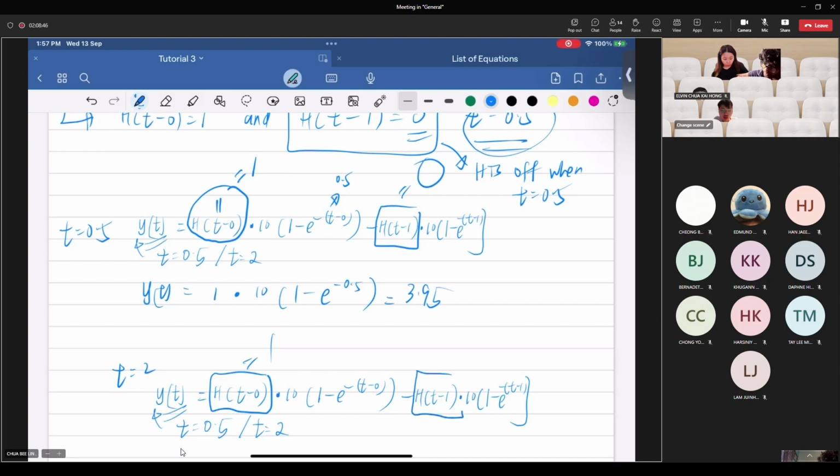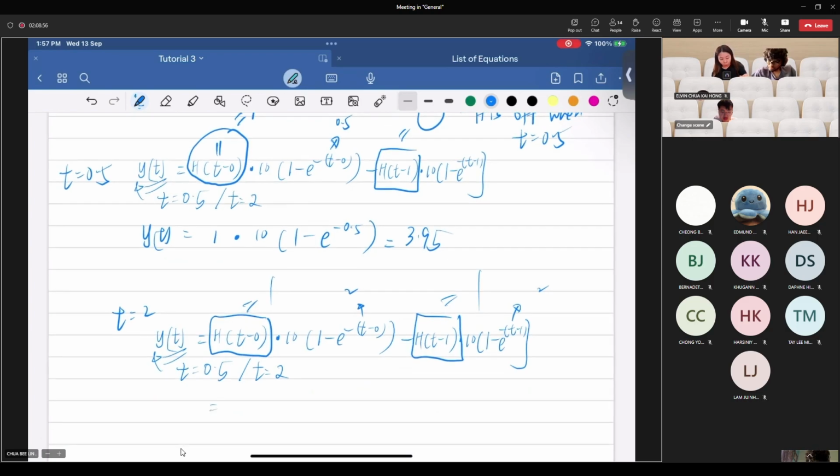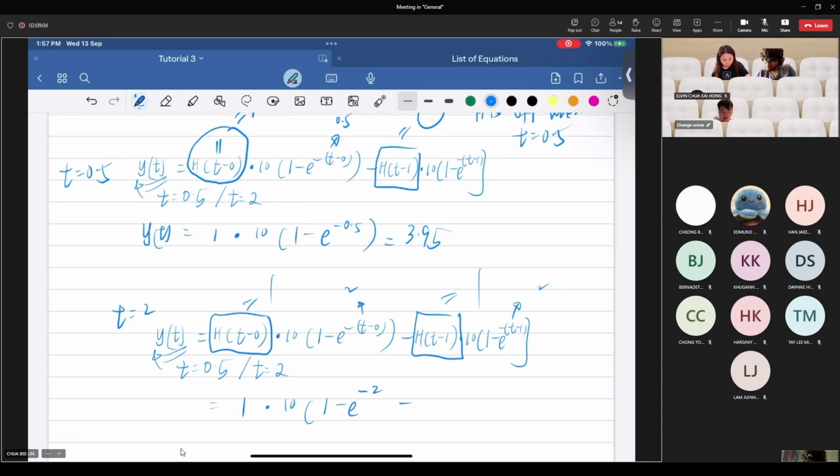This one is on as well. And you sub t equals 2 here and t equals 2 here. So we will have 1 multiplied with 10(1 minus e to the negative 2), minus 1 multiplied with 10(1 minus e to the negative (2 minus 1)).